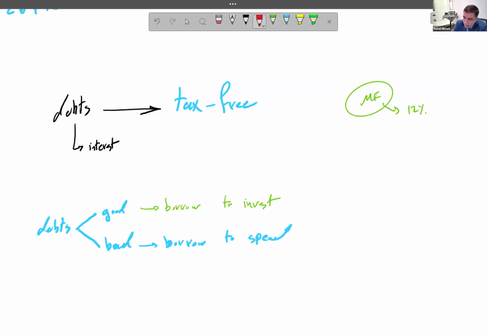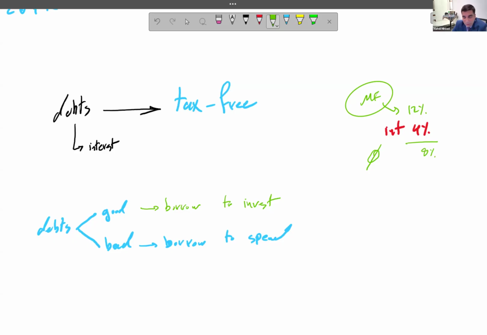If you borrow and pay interest of 4%, how much is your bottom line? 8%. How much is your net investment? 0. Because you borrowed the money, invested the money, and then you got this number.